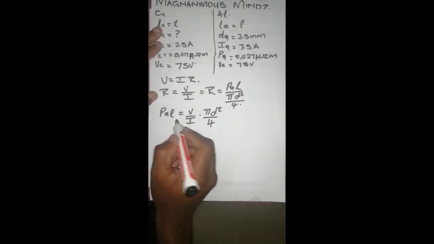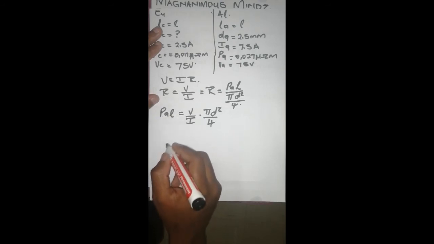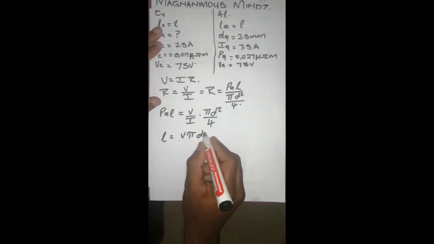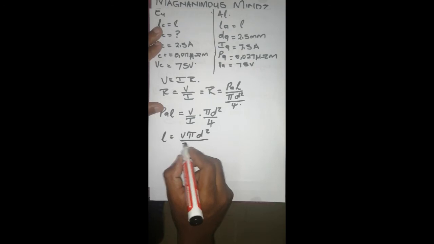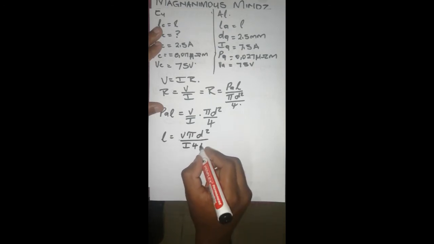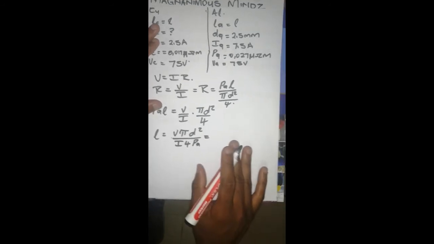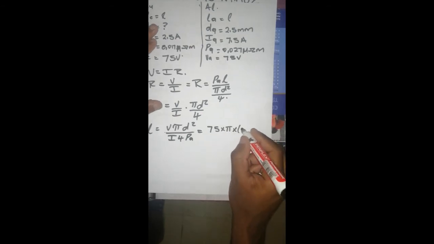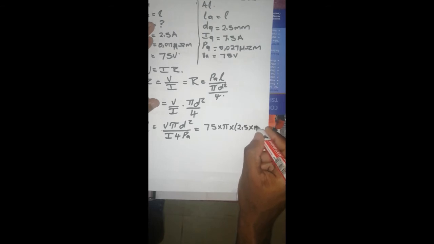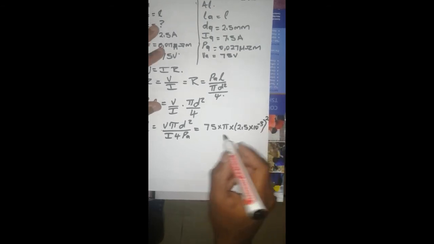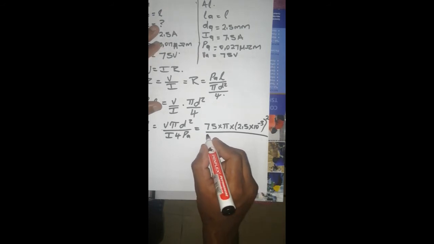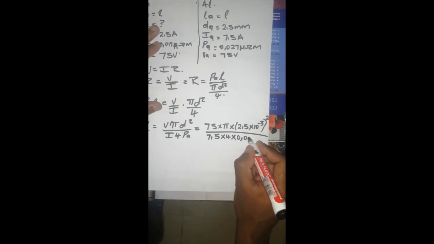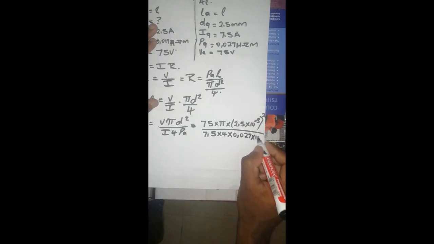Then we divide both sides by the resistivity coefficient, so L equals V pi d squared over I times 4 P. Substituting what we have, it's going to be 75 times pi times 2.5 times 10 to the power negative 3 squared, all over 7.5 times 4 times 0.027 times 10 to the power negative 6.